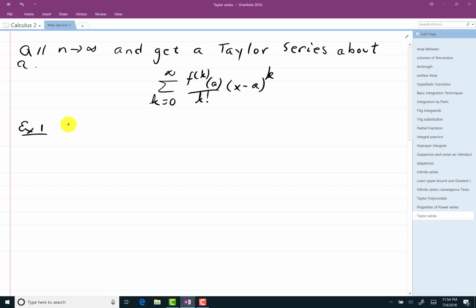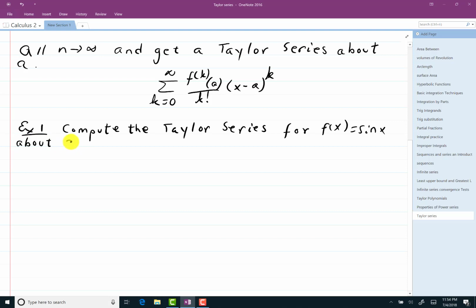Let's start with compute the Taylor series for f of x equals sine of x about a equals 0.